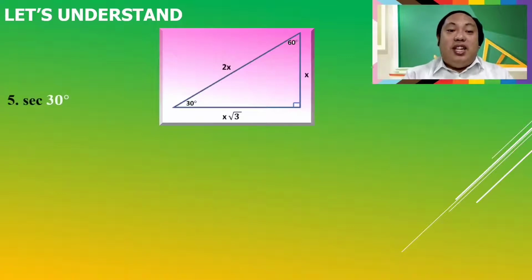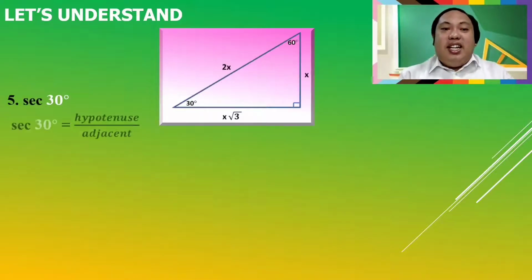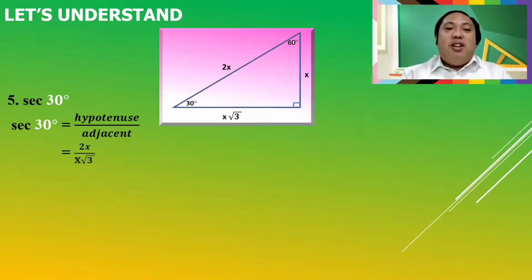Next, let's have secant 30 degrees. Secant 30 degrees equals hypotenuse over the adjacent side. Then we have 2x over x square root of 3. We simplify, we have 2 over square root of 3. Again, we have radical in the denominator.